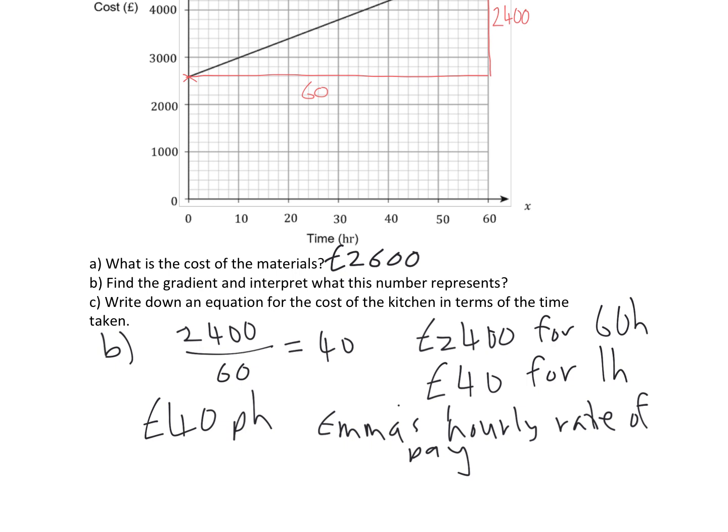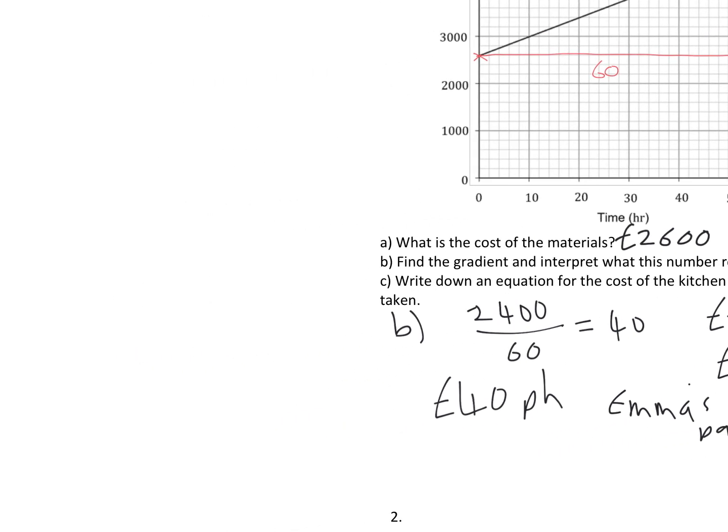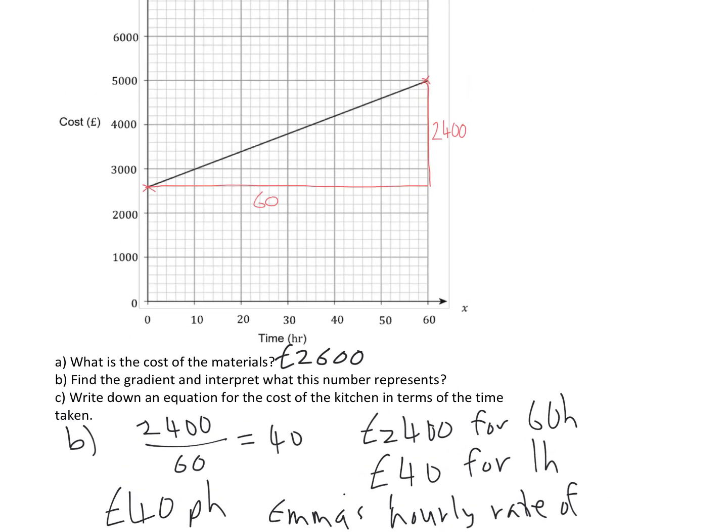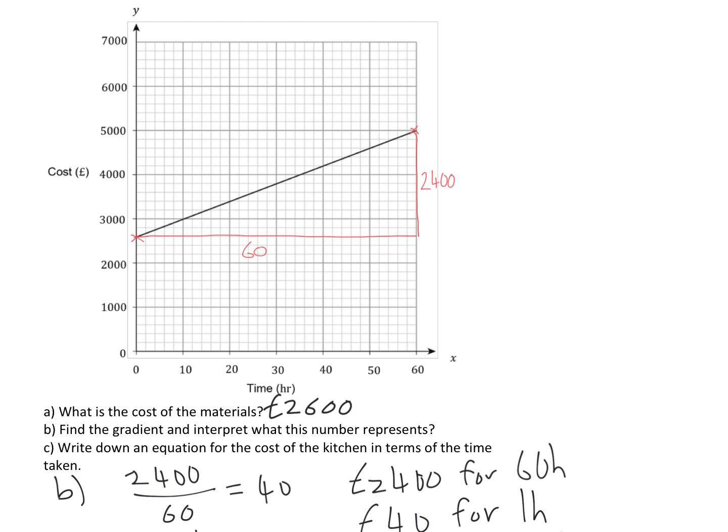Part C asks you to write down an equation for the cost of the kitchen in terms of the time taken. So for that, the equation of a line is y equals mx plus c. But we're going to write down an equation for the cost of the kitchen. So instead of y, we've got in the y-axis the cost, so we'll put that as C. M is the gradient, which we've worked out to be 40.